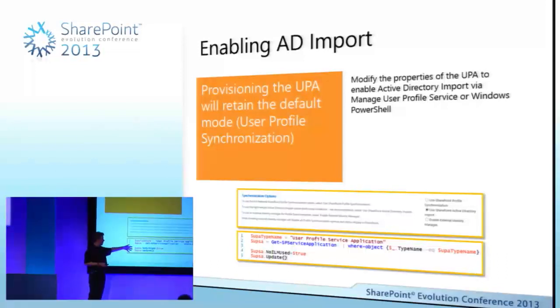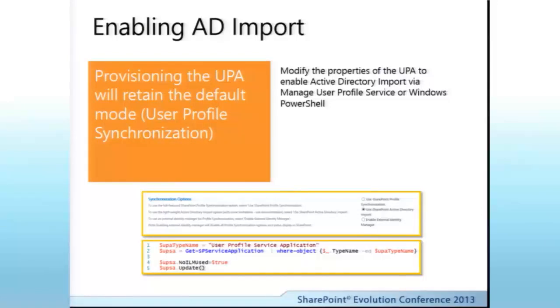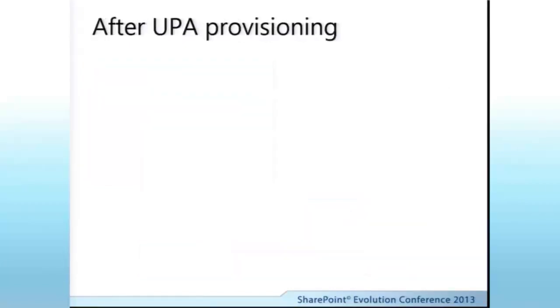Or we can do a similar thing with this fantastic double negative property here called no ILM used, and we can set that to be true, and that will set us into the Active Directory Import mode. Obviously, an engineer named that property, and probably one straight out of college, but never mind. That's the one we need to use. And again, remember to update the UPA state after doing that.